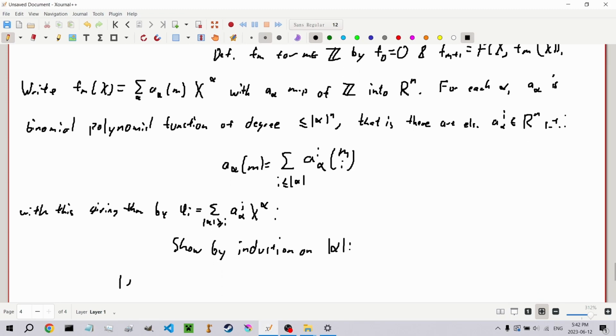In the case that alpha is 0, a_alpha is 0, as the f^m's have no constant term.